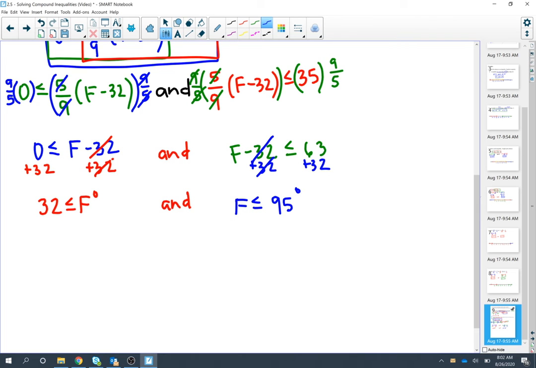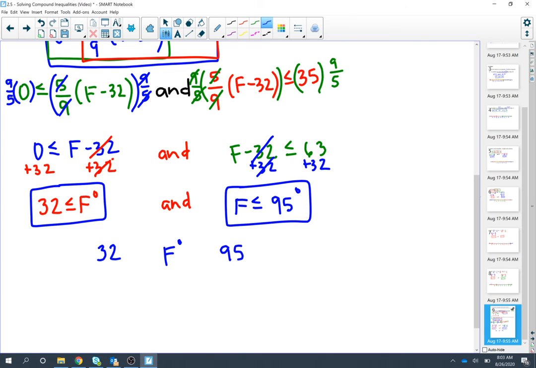That's pretty warm. Now, I would totally take this as your answer, but if we want to practice writing those compound inequalities, because this is an "and," we can put our f in the middle, degrees Fahrenheit. We know that it's between 32 and 95, so f is between 32 and 95, less than or equal, less than or equal.